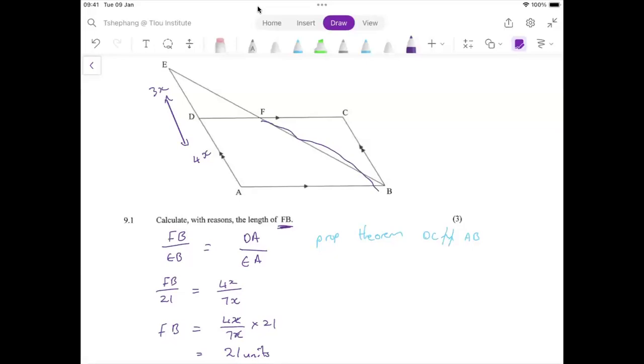Because I have parallel lines, I can use the proportionality theorem. Because DC is parallel to AB, I can say that the line FB over EB, this long line, is in the same proportion as line DA over AD. What's the reason? The reason is the proportionality theorem, simply because DC is parallel to AB. That's the first thing that we did.